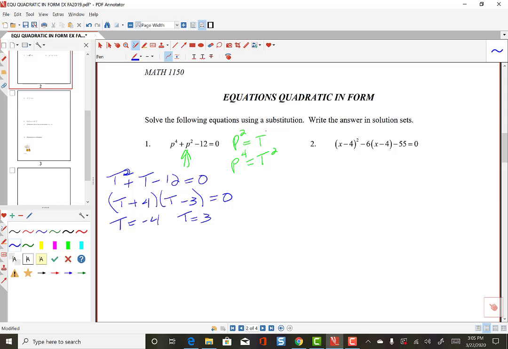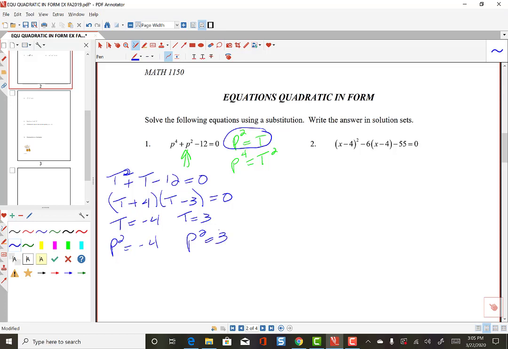Now, anytime you do a substitution or change a variable, you want to go back to the original variable. I initially said that t was equal to p squared. So that means p squared is equal to negative 4, or p squared is equal to 3.